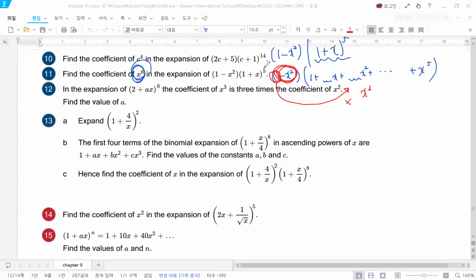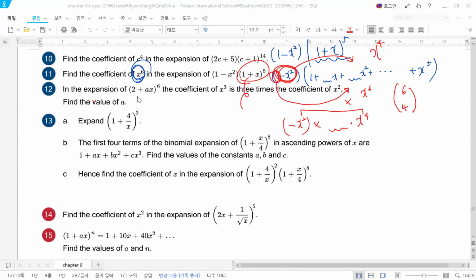To make x to the power of 6, you need to find x to the power of 4, because negative x squared times some number x to the power of 4 is going to be x to the power of 6. Do you understand? So what you need to do is just to find the term x to the power of 4.